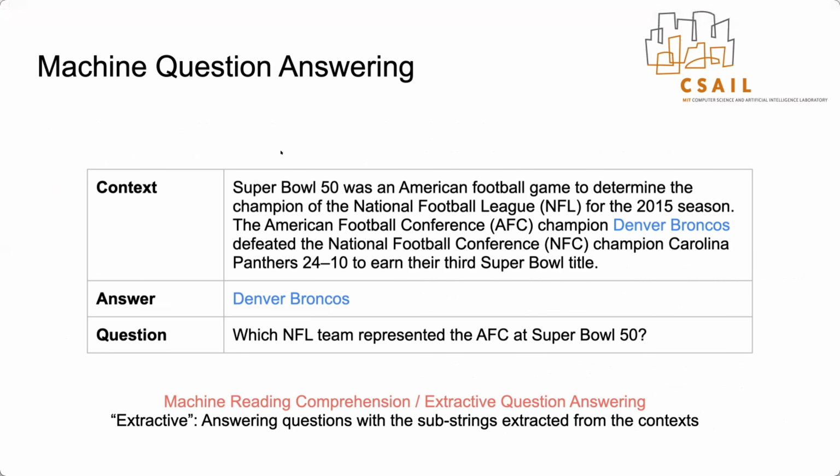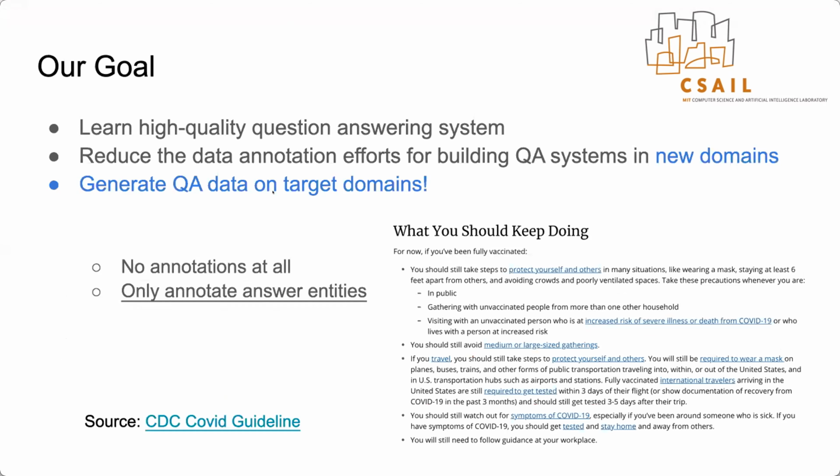All right, so this is a question answering input with context, target answer, and question, and we can do generation or extraction to predict the answer. Our goal is to learn a high quality QA model on the unannotated target domain, since learning a QA model is very expensive with annotation, sometimes needing rich domain knowledge.